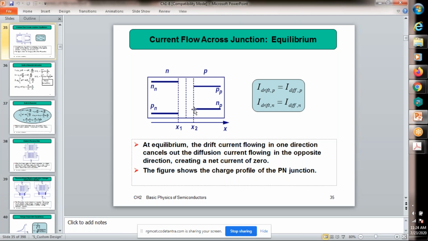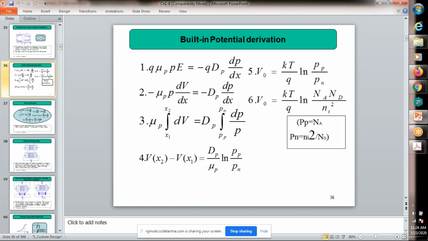At x2 the hole concentration is pp. Remember, pp and pn, because we are equating the drift current due to holes to the diffusion current due to holes. x1 and x2 are the depletion region width. At x1 the hole density is pn and at x2 it is pp. Remember these limits.